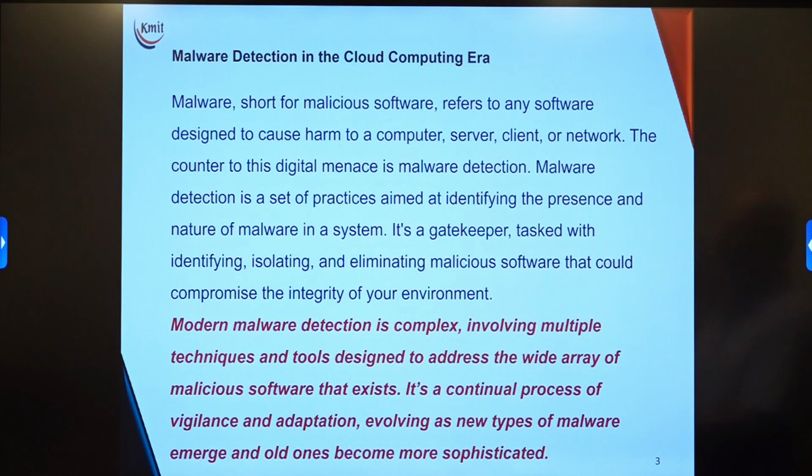The countermeasure to this digital maniac is malware detection. Malware detection is a set of practices aimed to identify the presence and nature of malware in a system. It is a gatekeeper task of identifying, isolating and eliminating malicious software that could compromise the integrity of your environment.